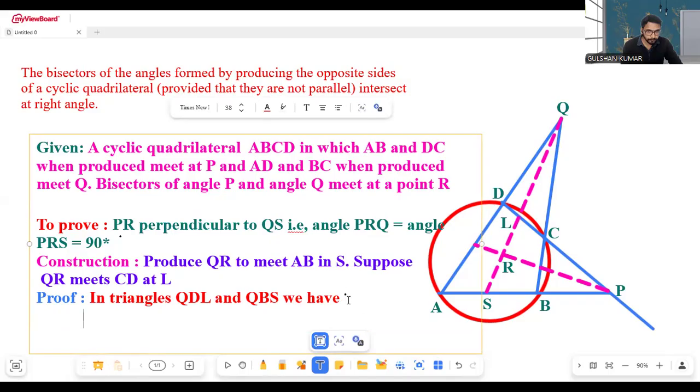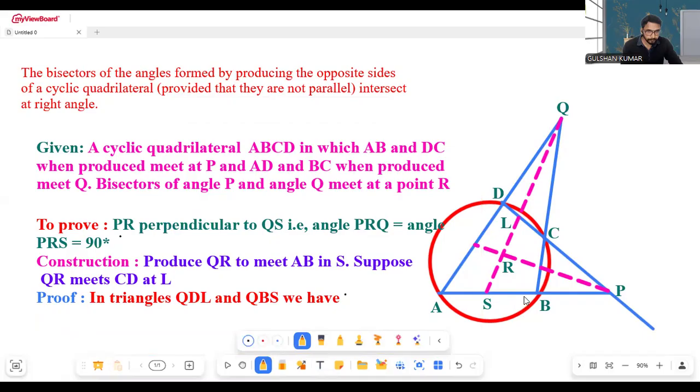We mention the angles here so that we can easily understand which angle we are talking about.